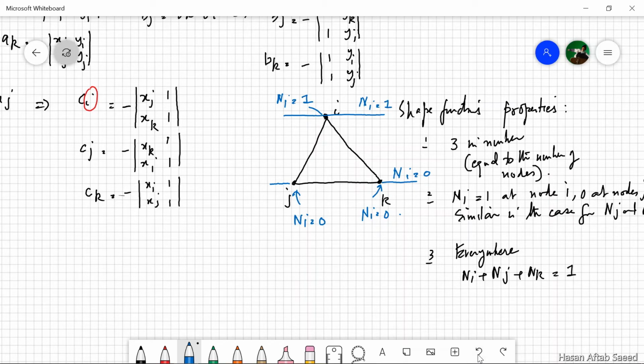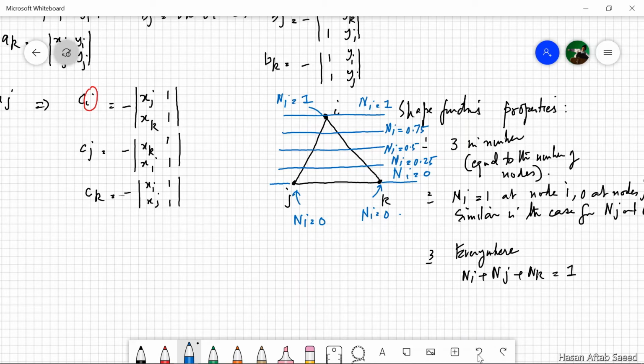Then it stands to reason that in between the two lines ni must be 0.5, and in between these two ni should be 0.75, and here ni should be 0.2.